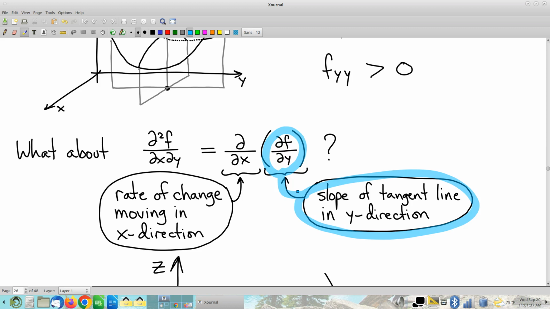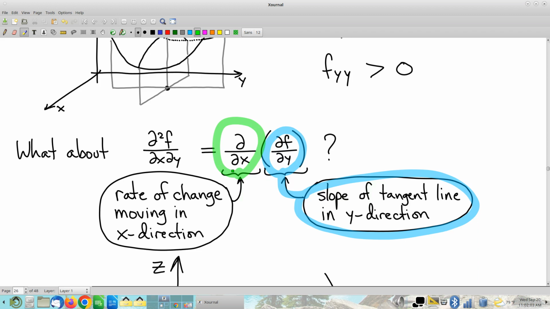Okay. The x partial that I'm going to do of that, I can't take a slope of the graph point of view. If I were going to take a slope of the graph point of view on this x partial, if you think about it, I would need a graph of the thing I'm taking the x partial of. I would need a graph of the y partial of f. That's not what I'm looking at.